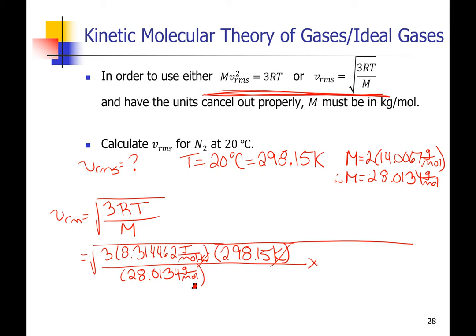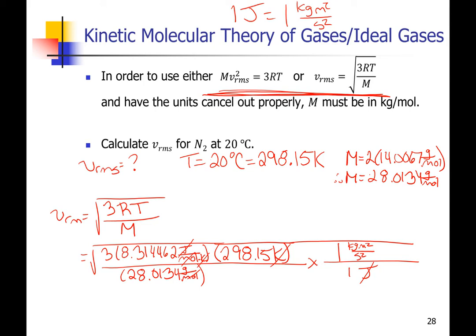My kelvins cancel, my moles cancel, joules and grams do not, but I know that 1 joule is equal to 1 kilogram meters squared per second squared. So I can put that in as a conversion factor.